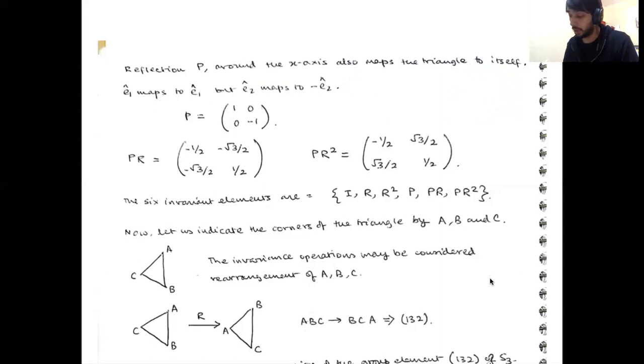So you could have PR, where you multiply P with R, that also remains a symmetry. You'll also have PR squared, which is this object. So now we have six invariant elements: the identity, R, R squared, P, PR, PR squared.